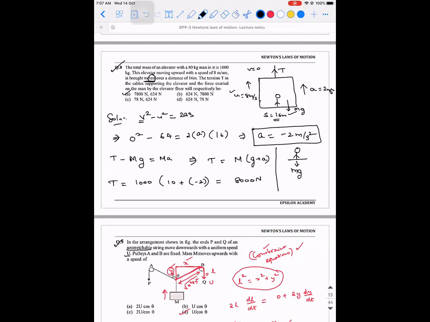So it is a weight. So how much is the weight exerted by him? 80 into, guys, are you able to understand or not? 80 into g is 10. That will be 800 Newton.